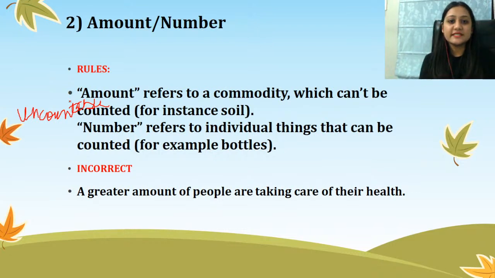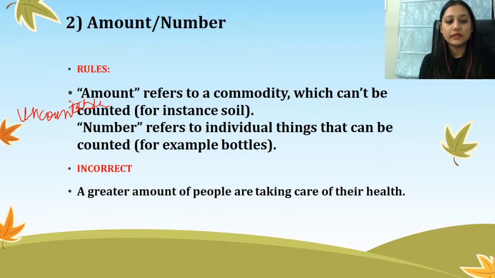For example, can we say one water, two water? No. How we say it is, I want a glass of water. So if you can't use figures or numbers like one before a noun, it is called an uncountable noun. With uncountable nouns, you have to use amount.